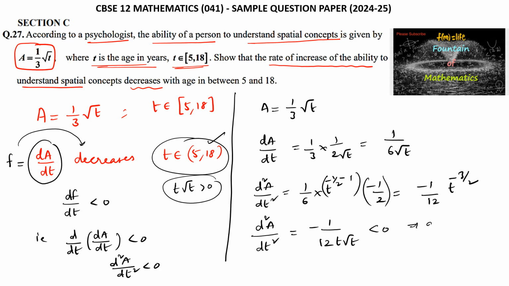So d square A by dt square is negative. That is, dA by dt decreases. Hence we can prove that the rate of increase of the ability, that is dA by dt, decreases with the age in between 5 and 18. So hence proved.